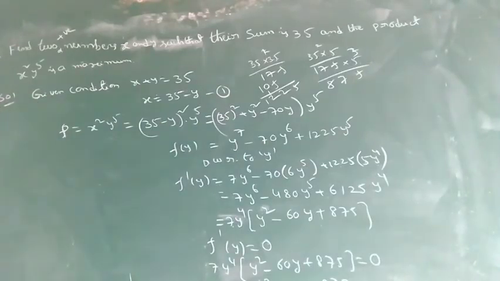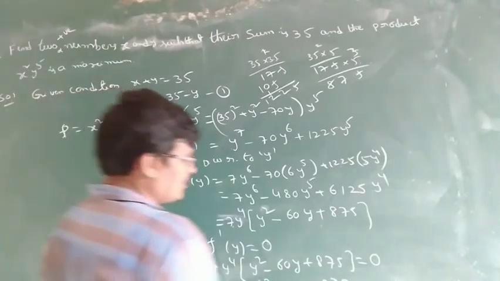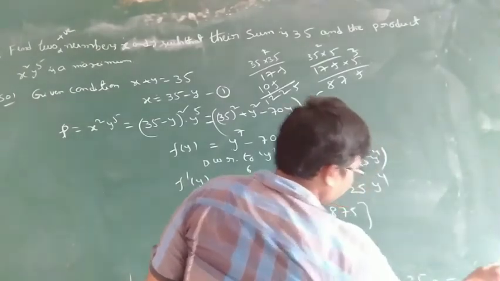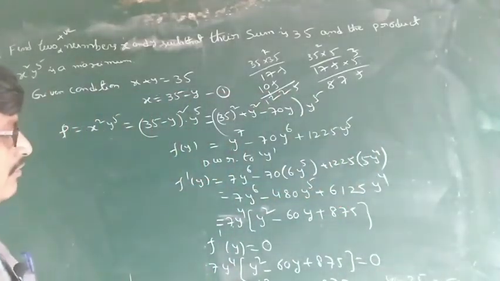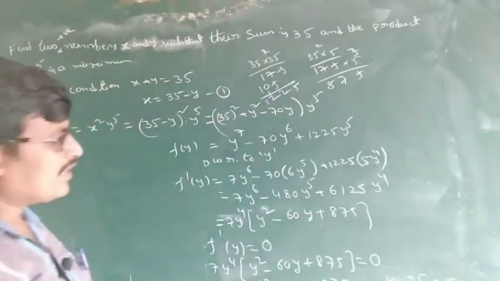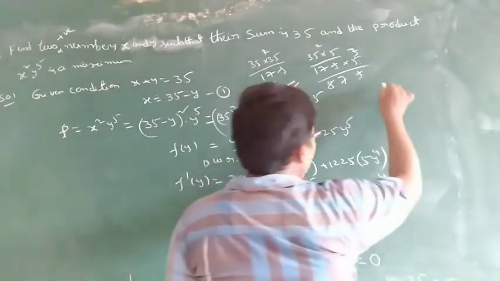So the factors: y is equal to 25 comma 35. Okay, y is equal to 25 comma 35.